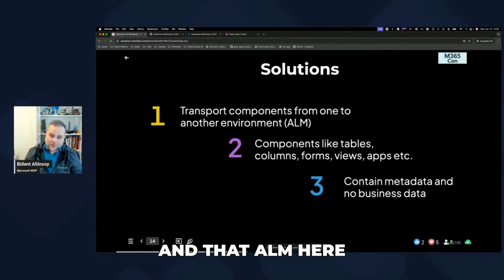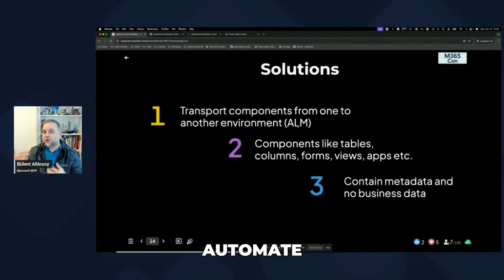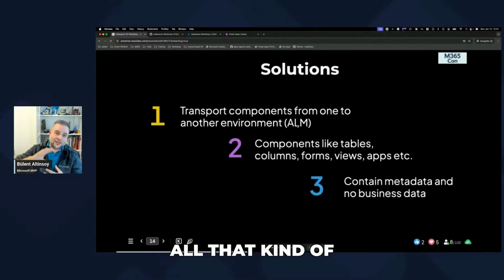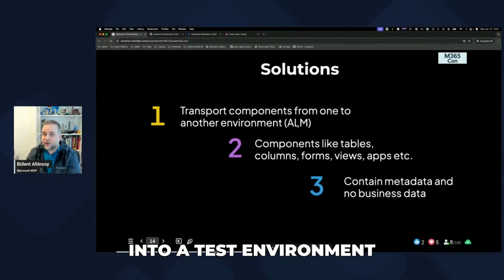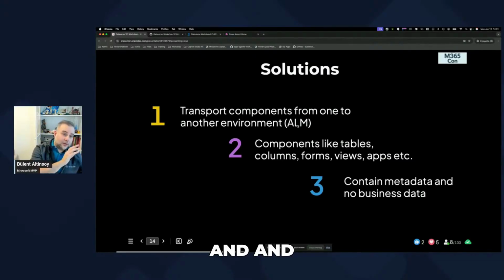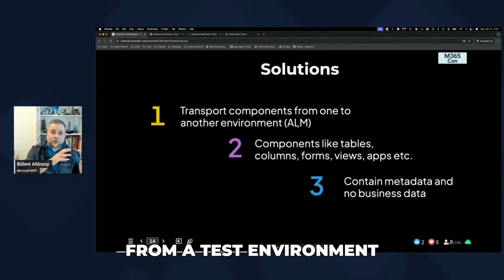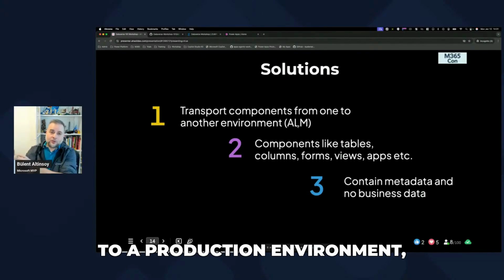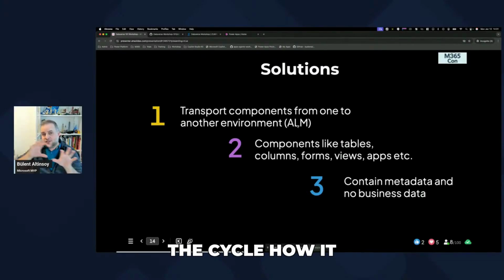ALM stands for Application Lifecycle Management. That means if you automate these things, at the end it's only a click to export from a development environment into a test environment, or from a test environment to a production environment. That is usually the cycle.